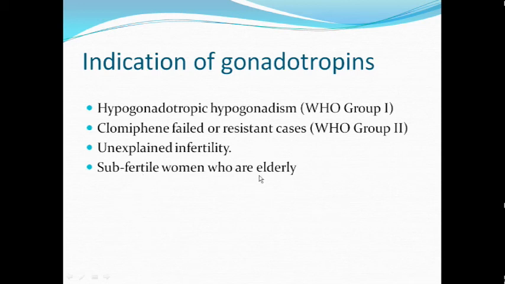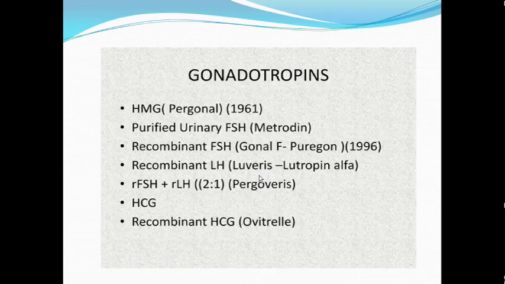Different preparations are available. These are HMG, purified urinary FSH Metrodin, recombinant FSH Gonal-F, recombinant LH Lutropin, recombinant FSH and recombinant LH Pergoveris, HCG and recombinant HCG.